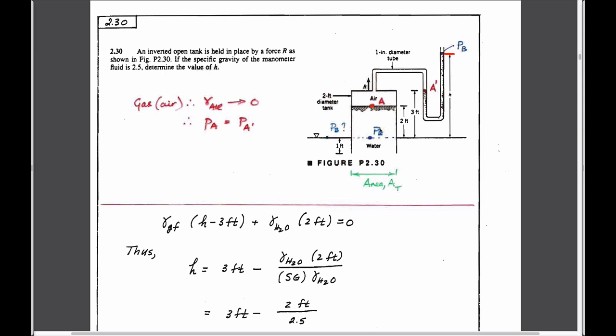So I'll just get rid of those markings. So let's do that and work from this point here. If we start off at this point, and we're going to end up at PB, we could write the equation.